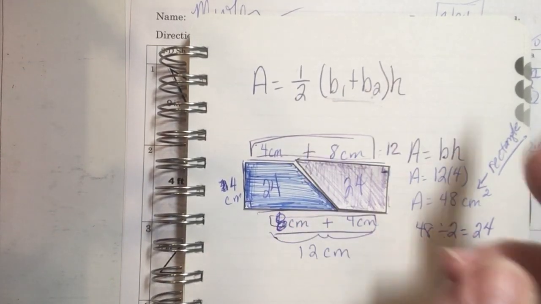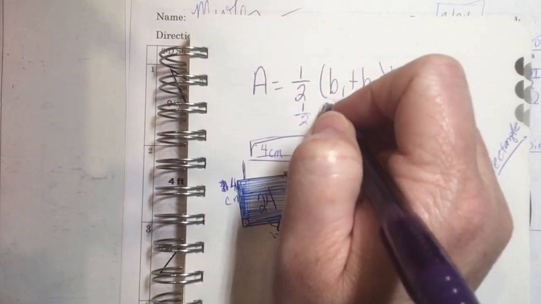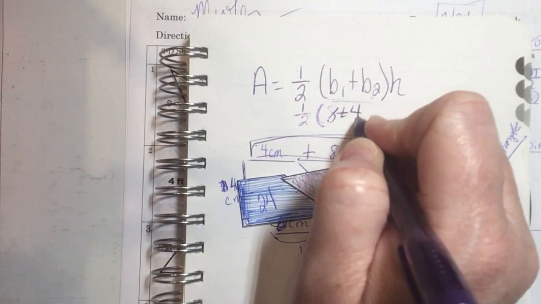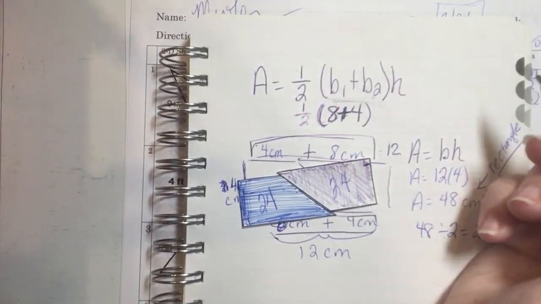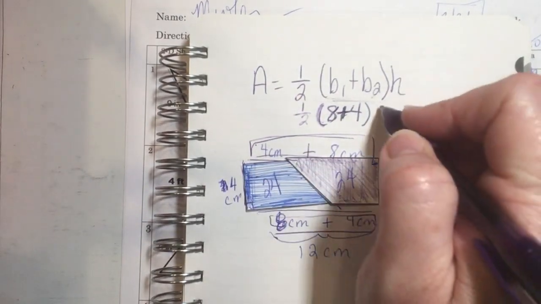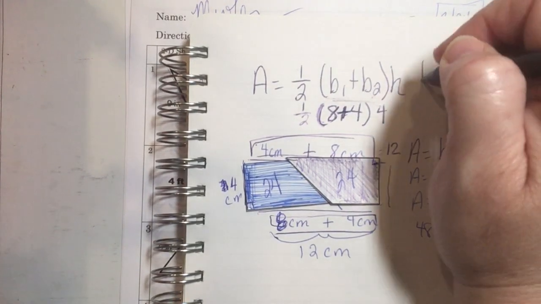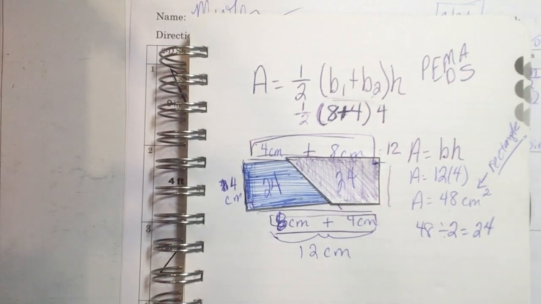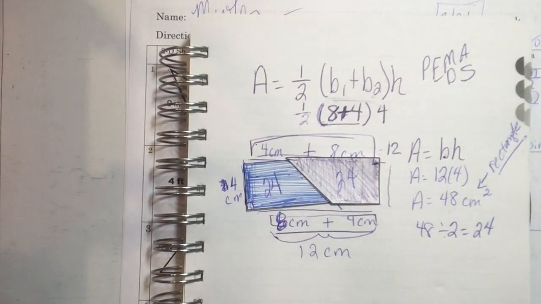Okay, so if I put those numbers in the formula, 1/2 times 8 plus 4 times our height, which is 4. You have to follow order of operations, so you always have to do PEMDAS. That's why we taught it to you, so that you could use it. Okay, so we add first. 8 plus 4 is 12.